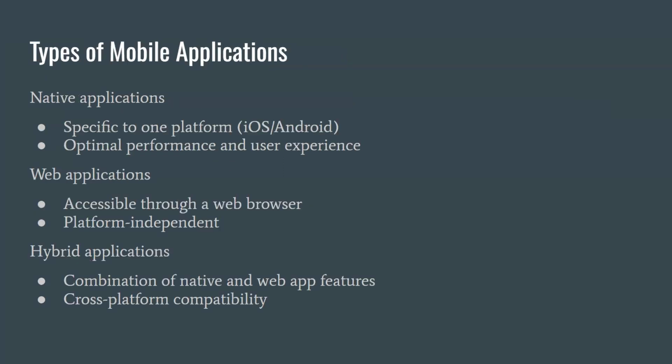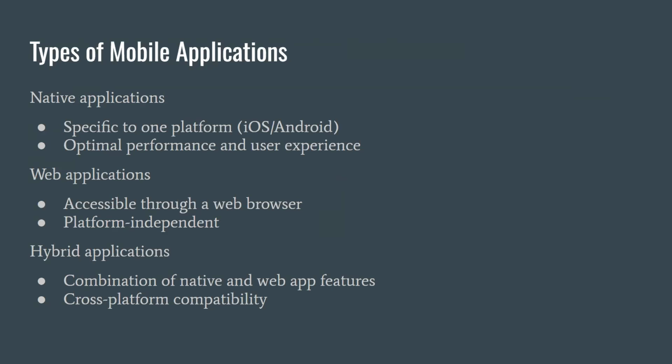Types of mobile application. Let's look at different types. We can categorize mobile apps into three main types: native, web, and hybrid.